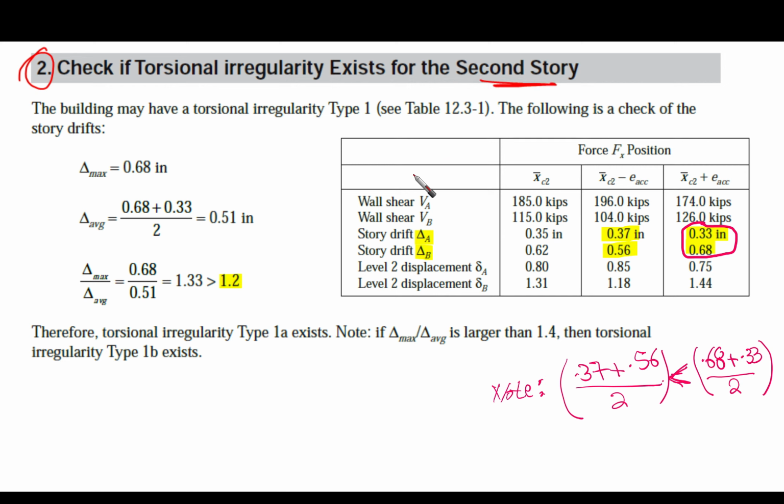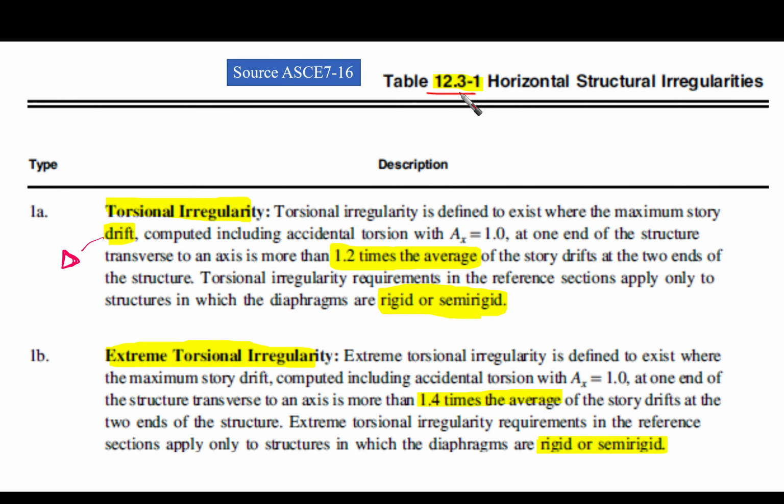We need to recall what torsional irregularity actually is. From table 12.3, torsional irregularity means that the maximum story drift, we are talking about drift, not the small delta, not the absolute inelastic response, computed including accidental torsion with Ax equals 1, so no amplification of the accidental torsion, only accidental torsion will be used, at one end of the structure transverse to an axis is more than 1.2 times the average.